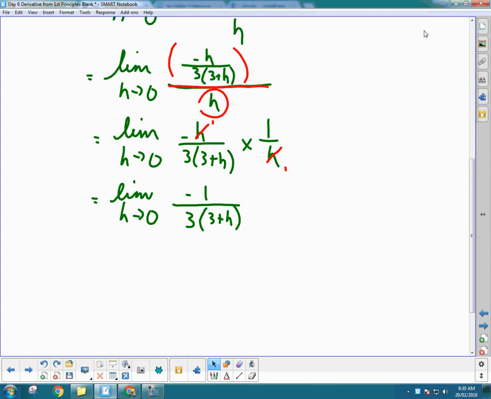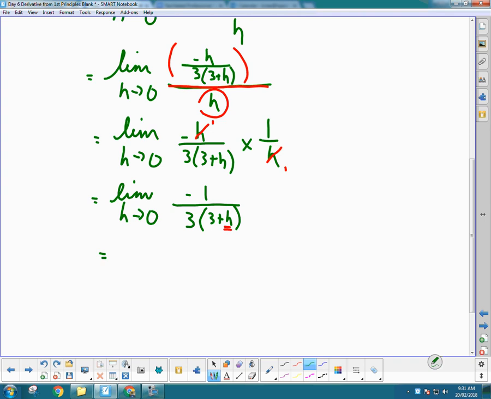So, why is it so significant that the h disappeared? Well, I can actually start to take the limit now. Even though there's an h on the bottom, it's not going to result in a divide by 0. You see, if I put in h equals 0 right here, it's not going to result in a divide by 0. So I can actually start to take the limit at this stage. So that's good news.